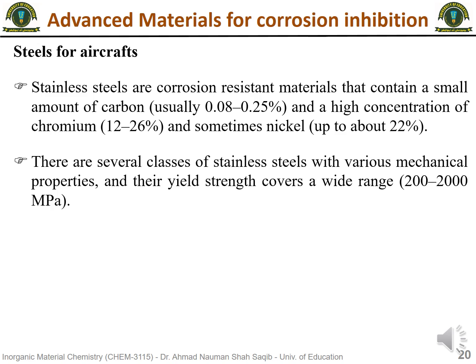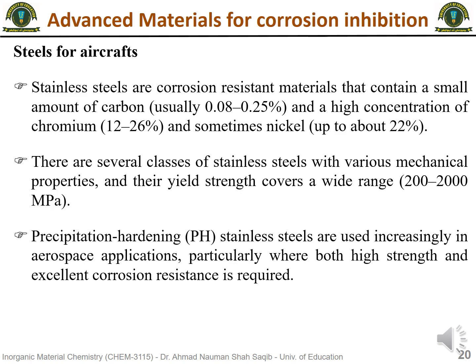So for the case of aircraft, where a lot of strength is needed and also corrosion resistance, there is a specific kind of steel used there, called precipitation hardening steel, also called PH stainless steel. It is a specific kind of steel which is hardened through treatment at high temperature. After hardening, this steel can withstand very high pressure and high temperature, and is also corrosion resistant.